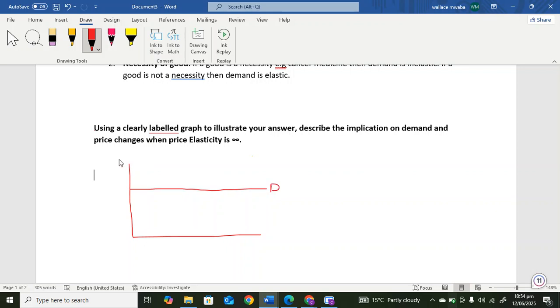This is demand. This is price. This is quantity. This is when price elasticity is infinite.